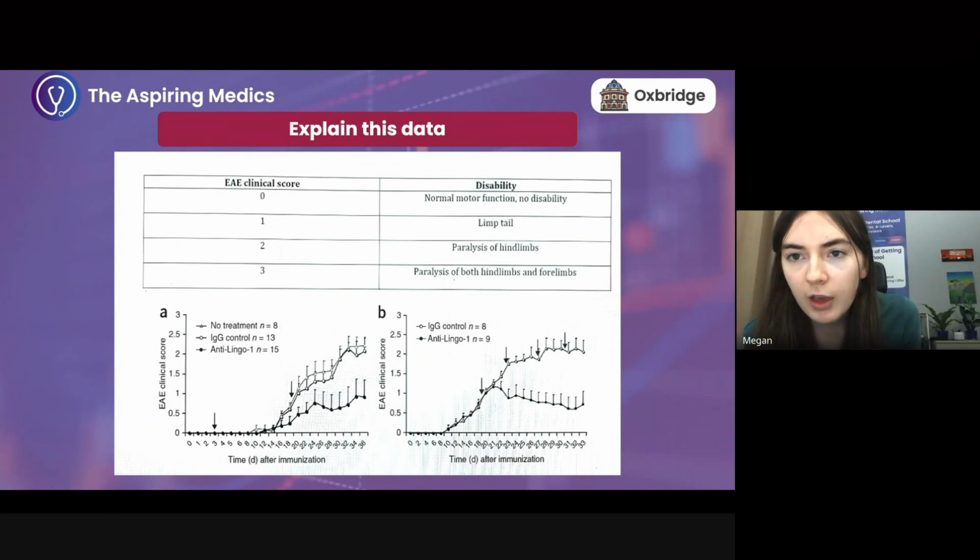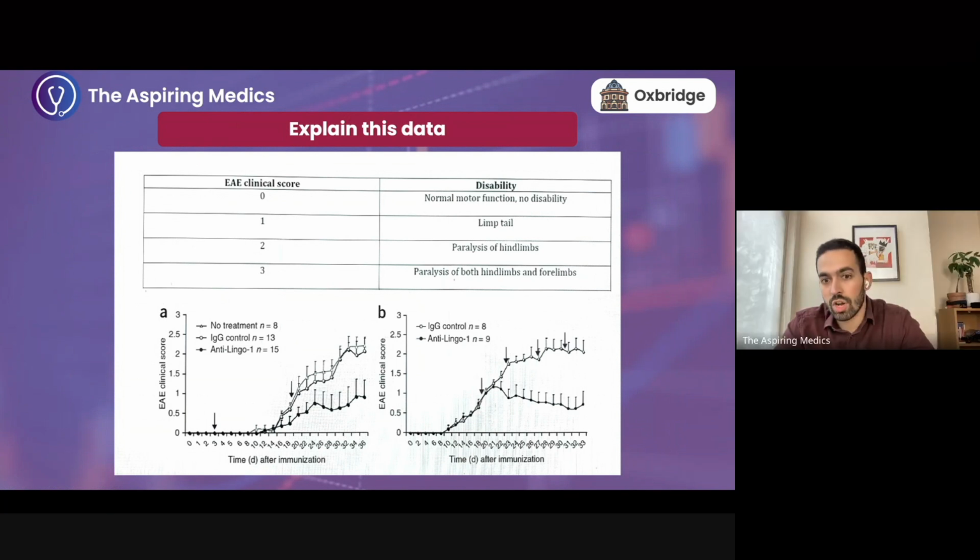I would also say, I mean, what else are they doing in B? Is the crux of it still that with B, the management is when they start to have symptoms? Why is that important? Why is that more realistic than A?